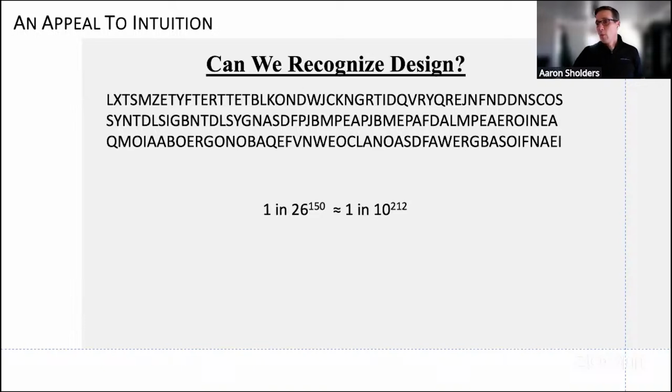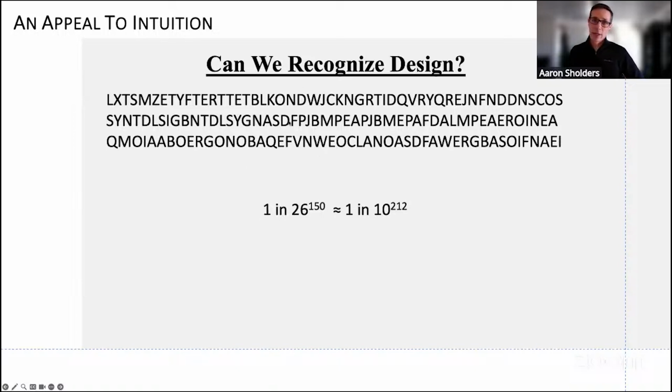Likewise, we have a 1 in 26 chance of getting an X in the second position. These probabilities are compounding, so we would say that we have essentially a 1 in 26 raised to the second power chance of getting LX as our sequence. Take that across all 150 characters, and we come to this probability.